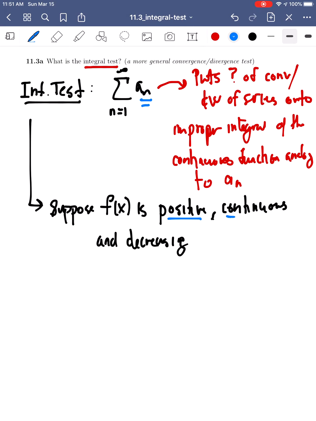So the function f must be positive, continuous, and decreasing, specifically on the interval from 1 to infinity. And again, this interval is coming from the original series, where n starts and where n will end at infinity as well. So we're going from n equals 1 to n equals infinity in our series. That's where we care about this function having these three attributes.